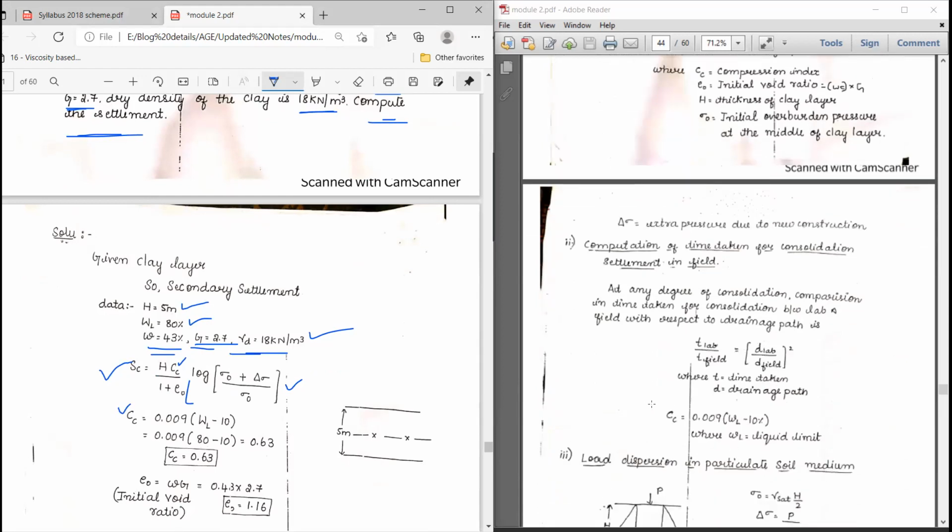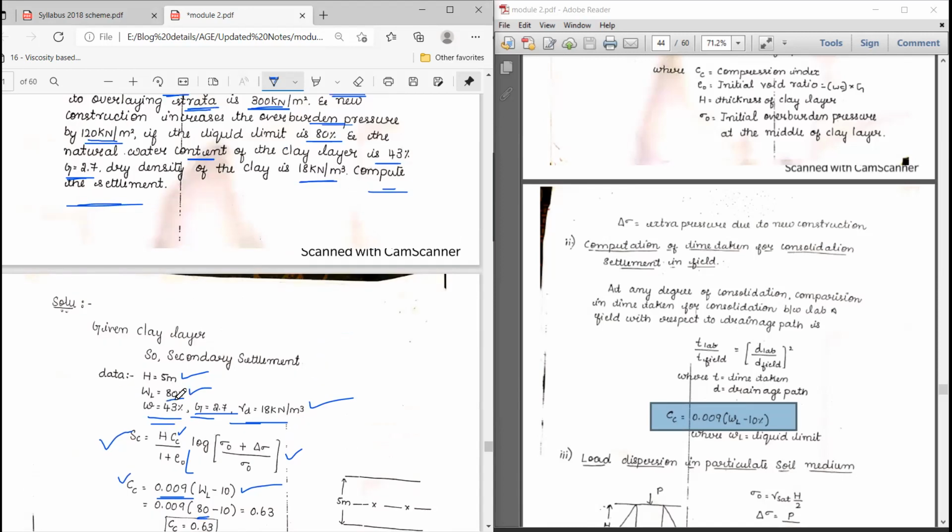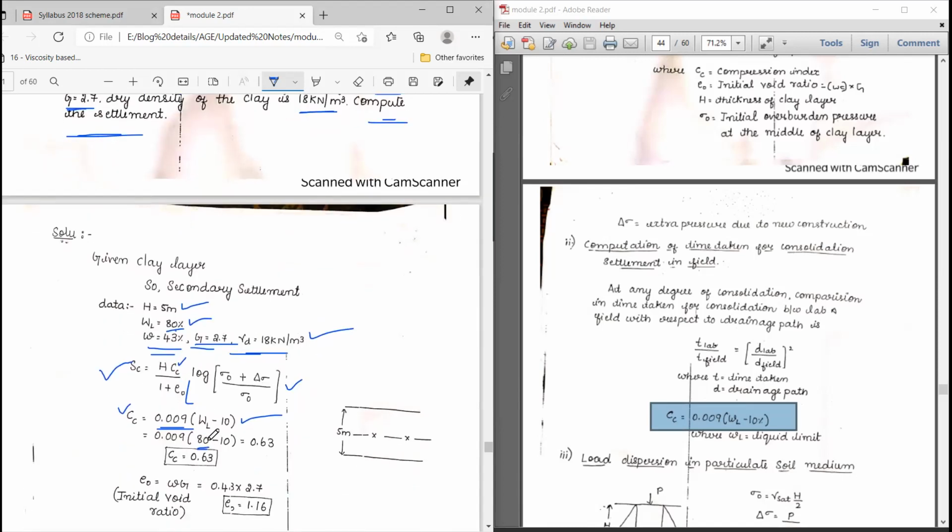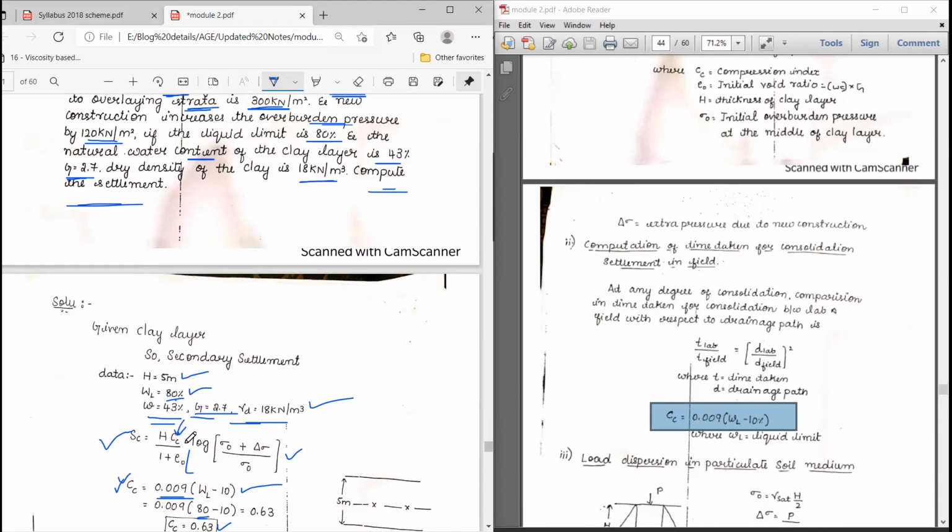Compression index is given by the formula 0.009 multiplied by (liquid limit minus 10). Liquid limit given in the problem is 80. If you substitute the liquid limit value here, you are going to get compression index as 0.63. Therefore, in this formula, C suffix C is available.